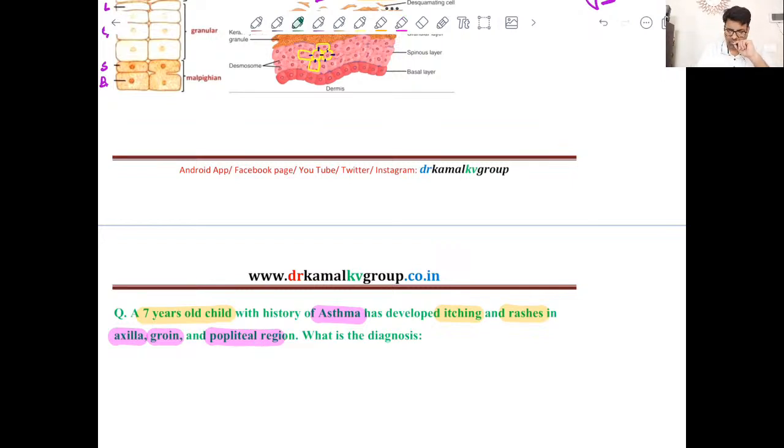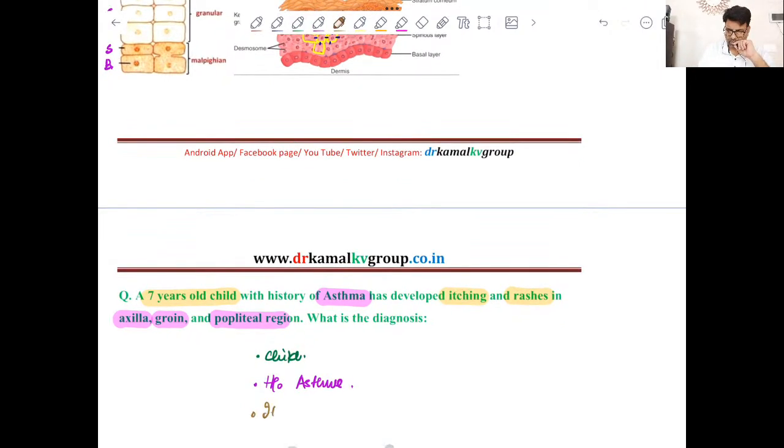The key points to note here are: child, history of asthma, and then itching over axilla, groin, popliteal fossa.